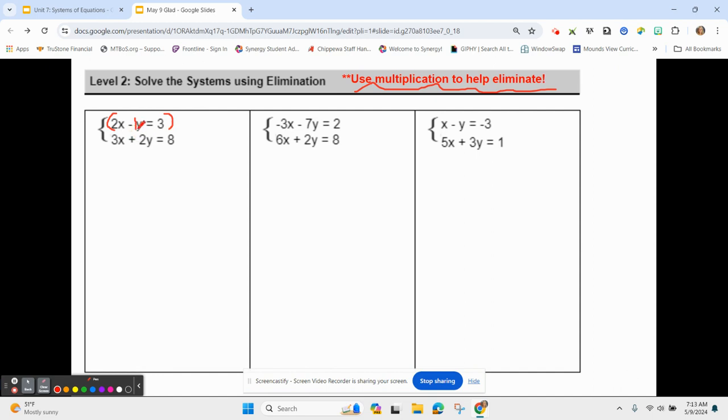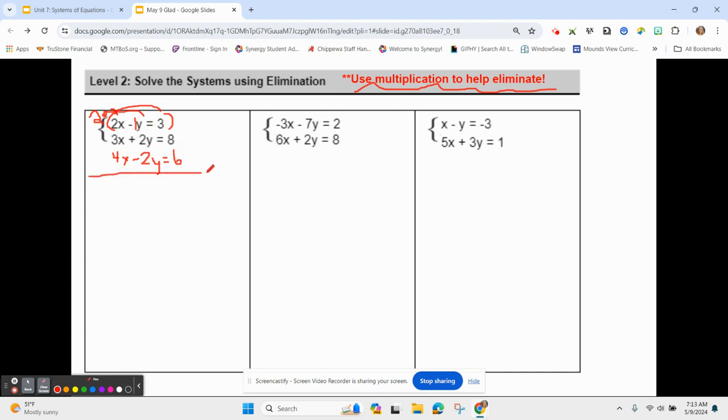And to turn a -1 into a -2, I simply have to multiply everything on the top by a 2. Times 2, times 2, times 2. So I'm going to write my new equation right down here in the bottom. It becomes a 4x minus 2y, which is now equal to 2 times 3, 6.